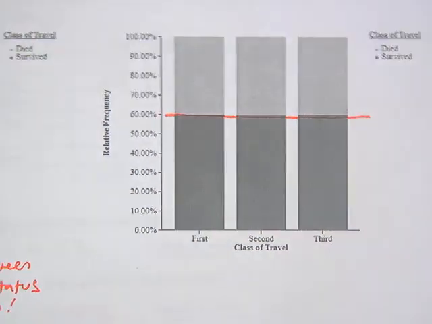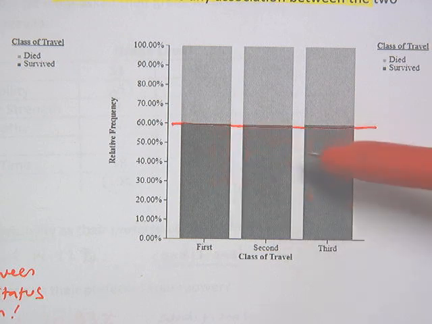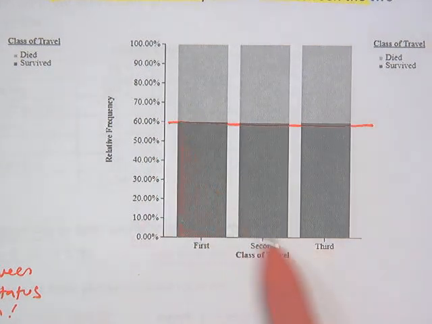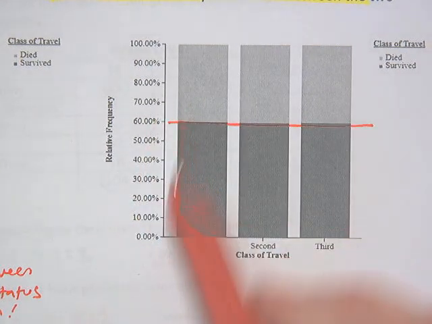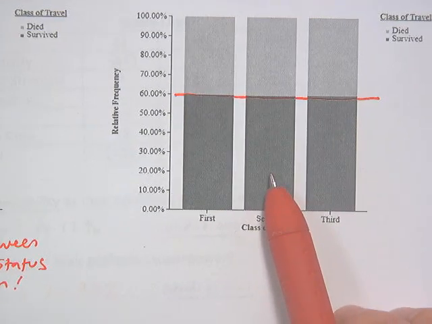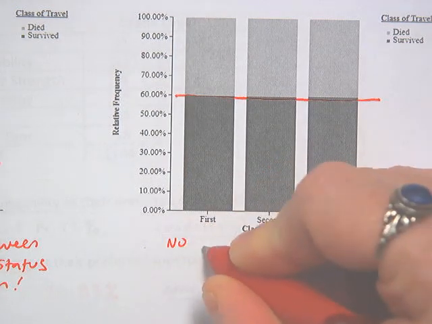If you ever see a segmented bar chart and the segments look like the same exact height across the board, then there's no association here between, this would be class of travel and survival. So we know that whoever made this made it incorrectly because this is the Titanic data, but this shows no association.